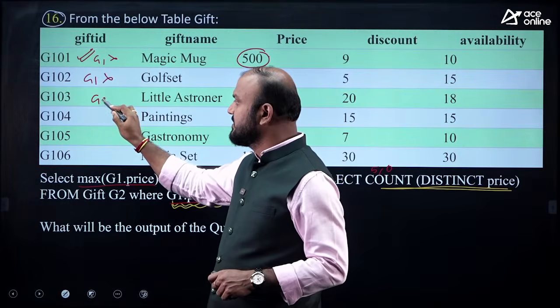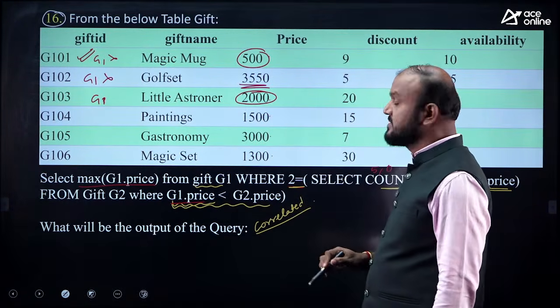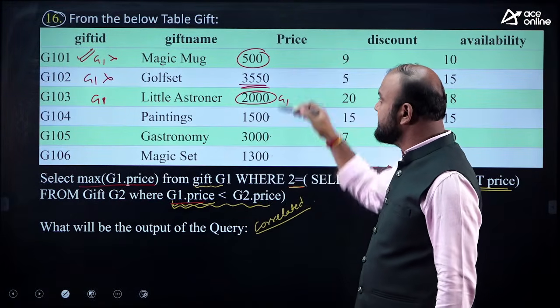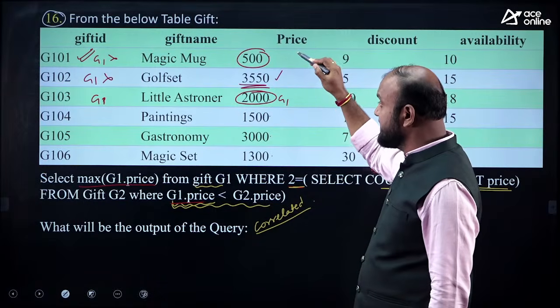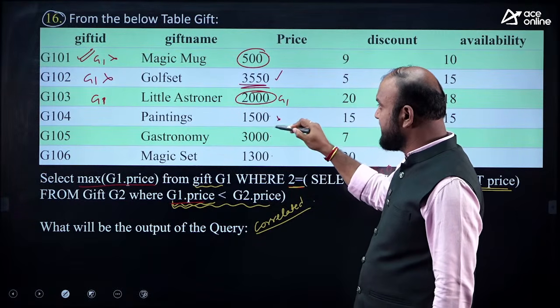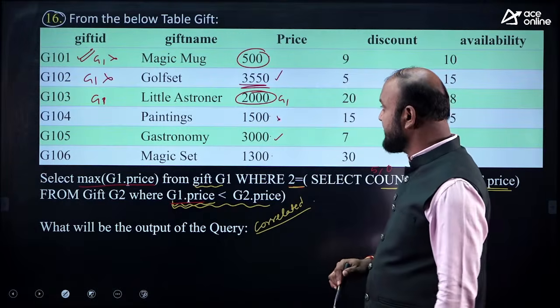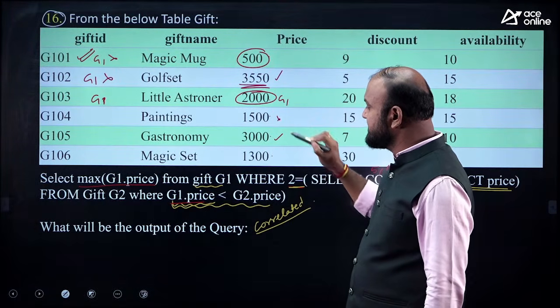The third tuple is gift G1. What is the price? 2000. Now the condition is G1 price less than G2 price. 2000 less than 500, false. 2000 less than 3550, true. 2000 less than 3000, true.